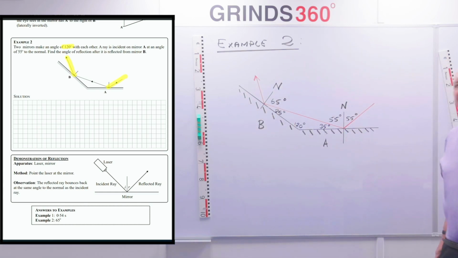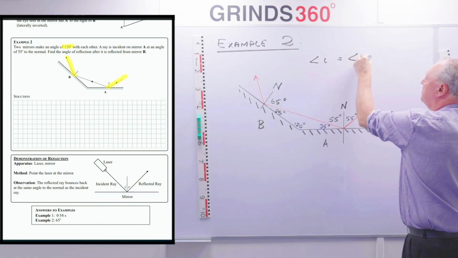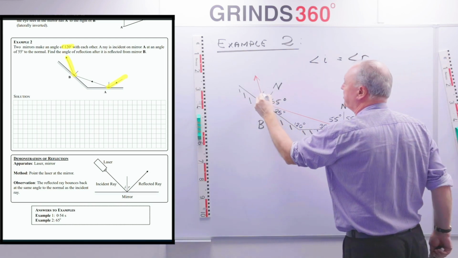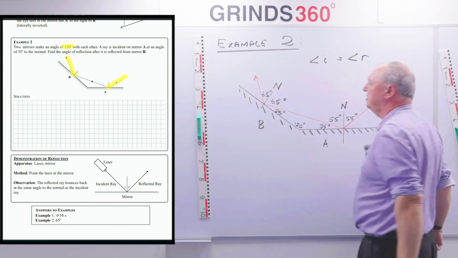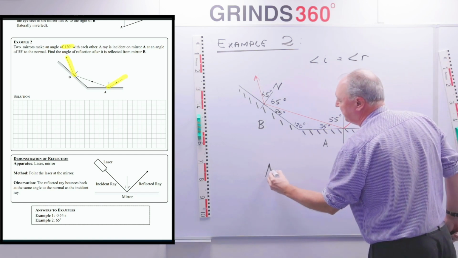So the angle of incidence on mirror B is 65 degrees. And now you're using your simple law that the angle of incidence is equal to the angle of reflection. So this angle here has to be 65 degrees. Therefore, what is the angle of reflection after it's reflected from mirror B? The answer will be 65 degrees.